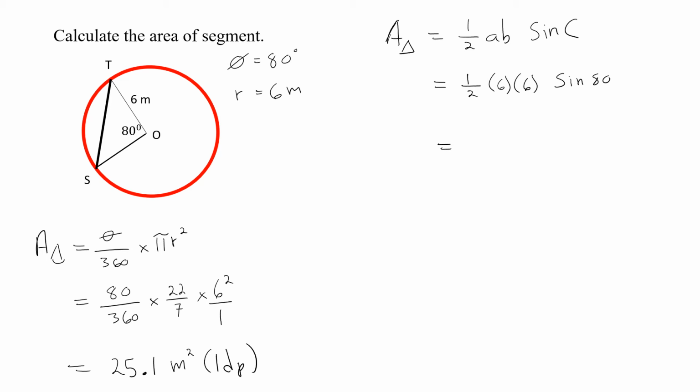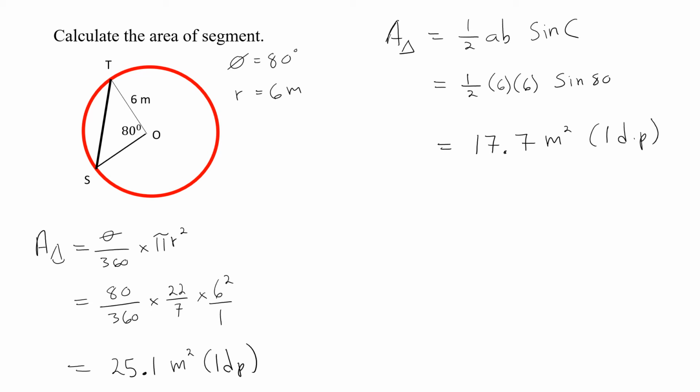And I'll just take my calculator to work on this. So sine 80, I'm getting that. I'm using all the values because I'm using the calculator. And I'm multiplying that by half of 36. Half of 36 is 18. So my final answer here is 17.7 meters squared. And of course, that's to one decimal place.